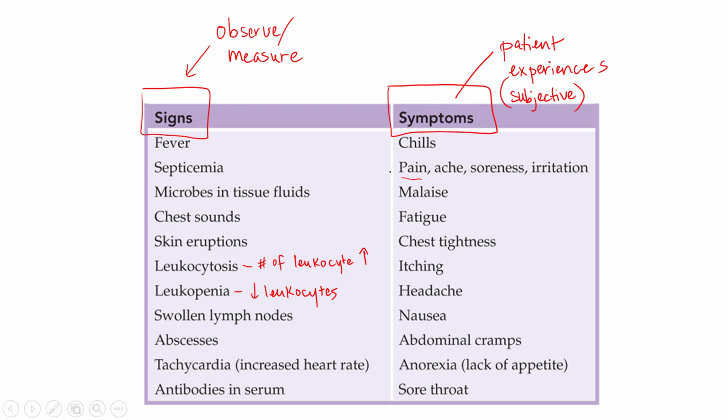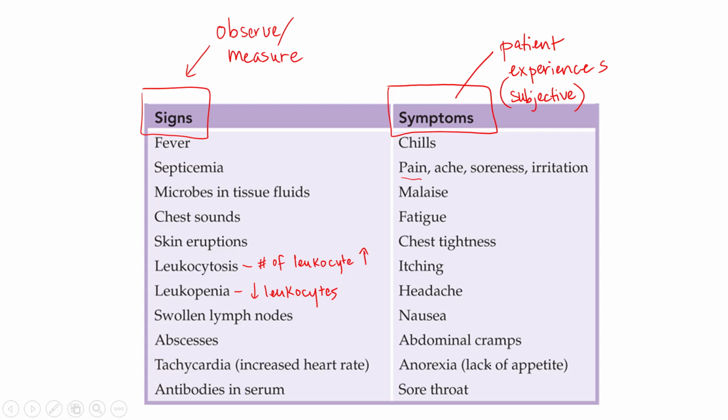And so you can actually ask the patient, you could say on a scale of 1 to 10, how would you rate your pain? They did that a lot to me when I was in labor to try to get an idea, right, of when you're going to need that epidural. So, we can try to quantify it, but in general, this is all very subjective to how the patient feels.